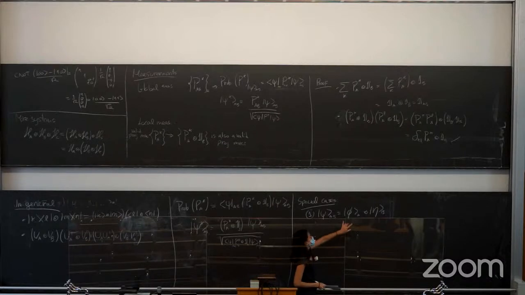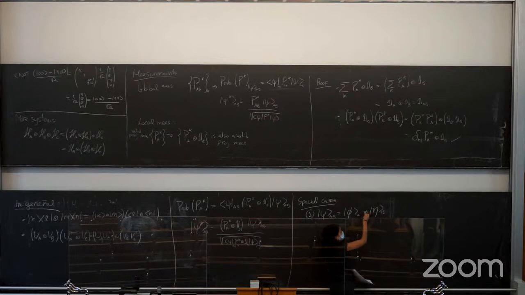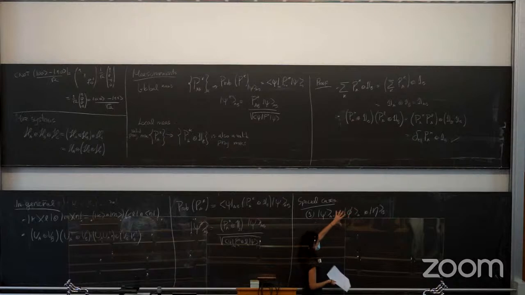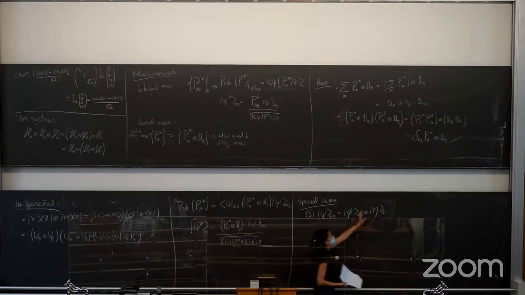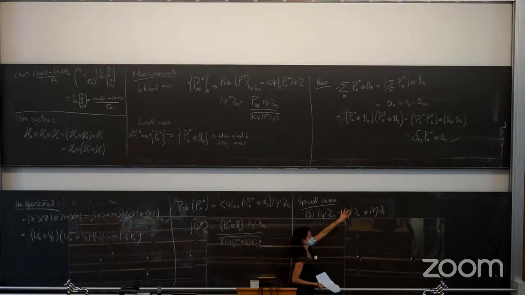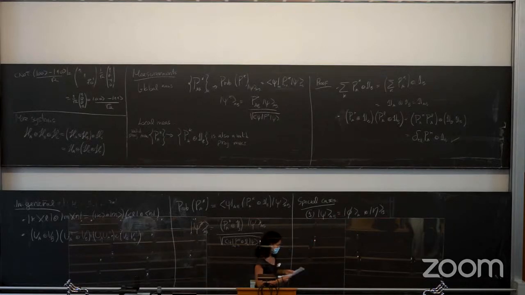It's uncorrelated with anything else in the universe. This never happens, but it's the idealization we want. And now I want to do a local measurement here on A. The intuition is that it should not depend on anything that's happening on B, and nothing on B should be affected by the fact that I'm acting locally here. That's true for product states. To see the more general case, we'll have to wait until later in the semester, don't worry about it now. So let's do it explicitly.